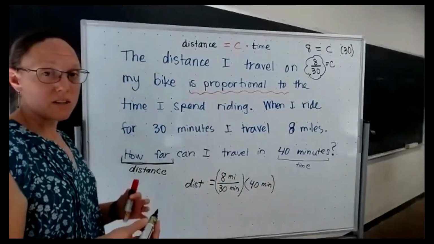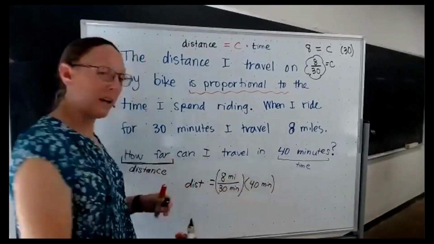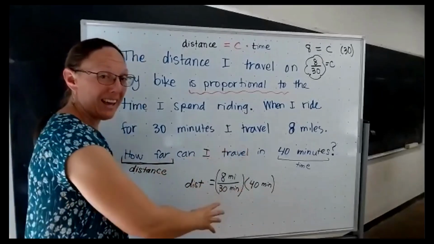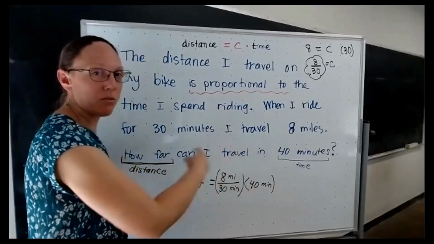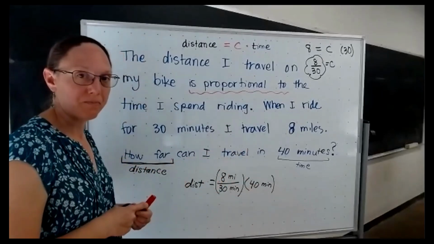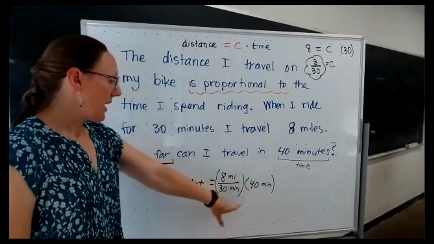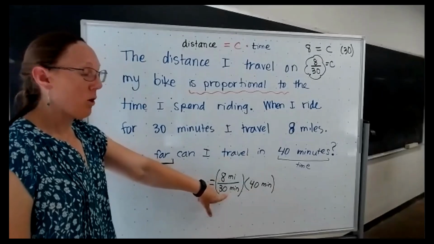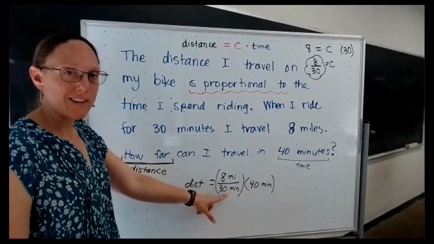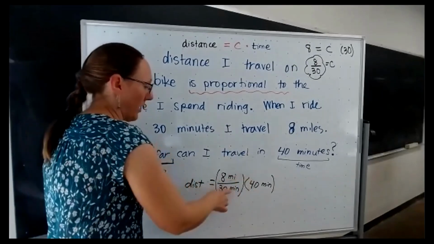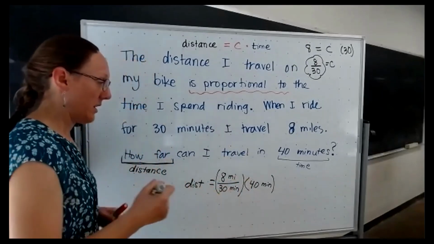A couple of things. My units of minutes over minutes, those are going to cancel out. But also, if I can, I want to simplify the ratios as much as possible. So for sure, 40 and 30 are both divisible by 10. So I can, at the very least, turn that into a 4 over 3.